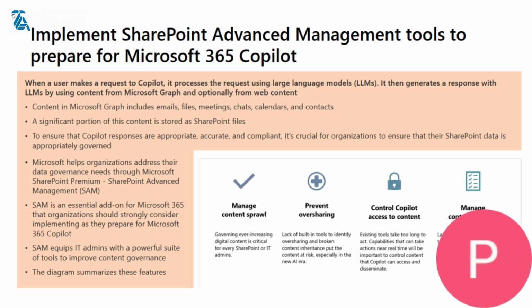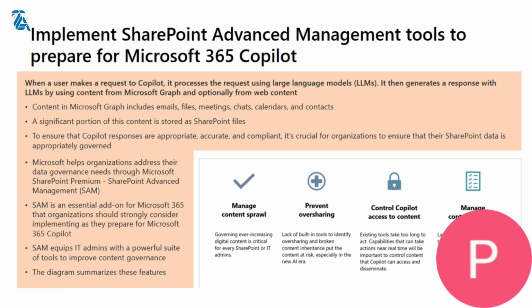The other thing is that Microsoft helps organizations address data governance using something called SharePoint Advanced Management, SAM, which is also a part of Copilot. SAM is essential for organizations to consider, because it provides governance and is also secure, right?